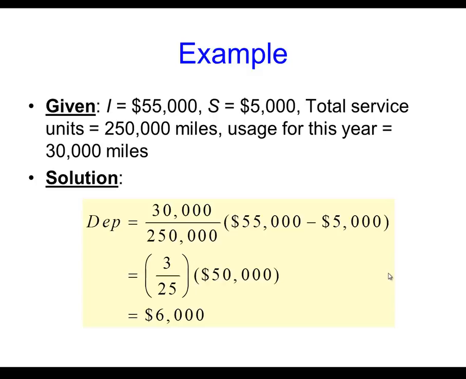The usage for this year is equal to 30,000 miles. So the depreciation is equal to 30,000 divided by 250,000 multiplied by (55,000 minus 5,000), that will equal 3 over 25 multiplied by 50,000, or as a final value, depreciation will be $6,000.